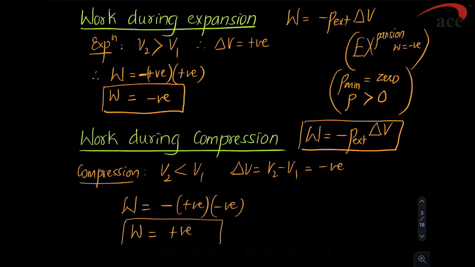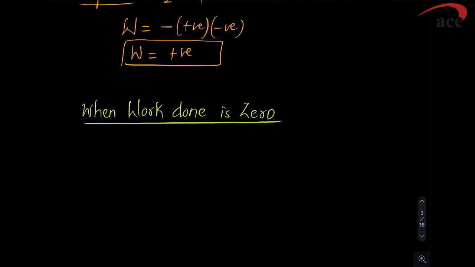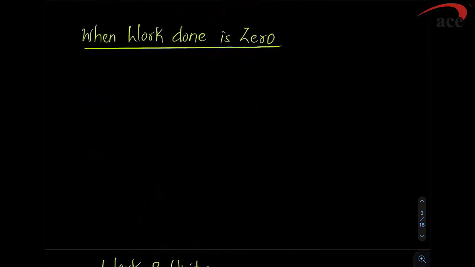So, work for compression comes out to be positive. What we have realized from this discussion is that once the formula has been derived, the formula remains the same, and the sign convention accordingly gets adjusted.